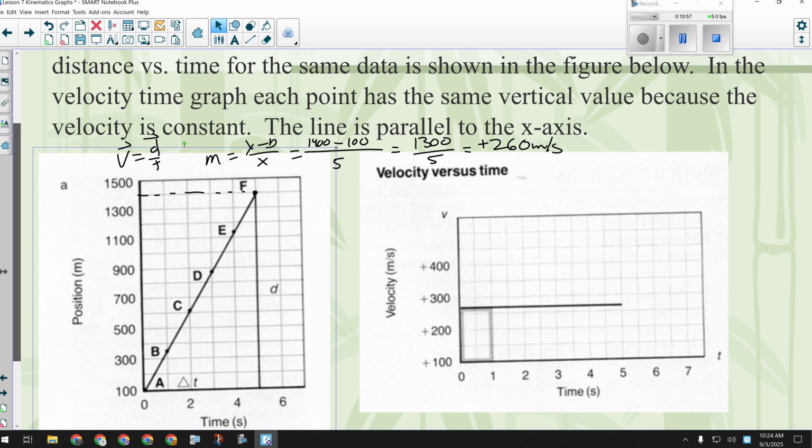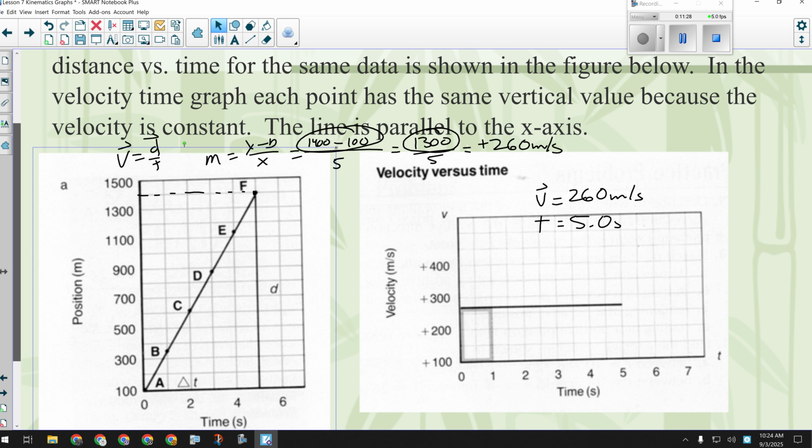On this graph, this top part here, I went final position minus initial position. So this is the displacement of the object. Would you agree? Could I calculate that displacement from the other graph? I know the velocity it's traveling at, and I know how long it's traveling at that velocity.